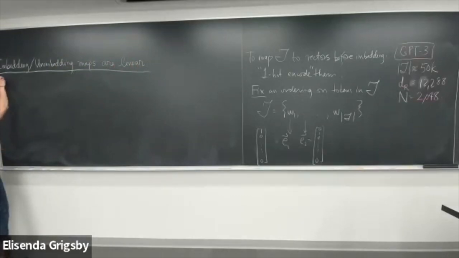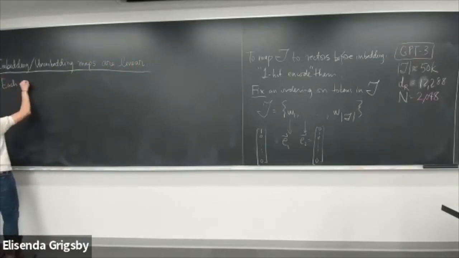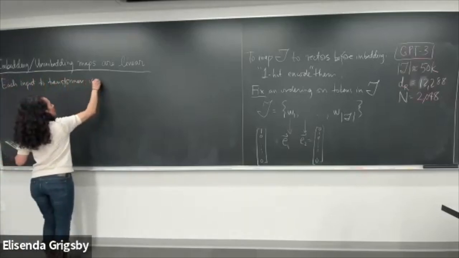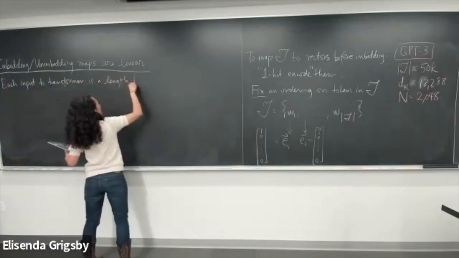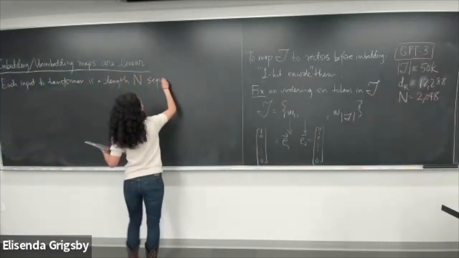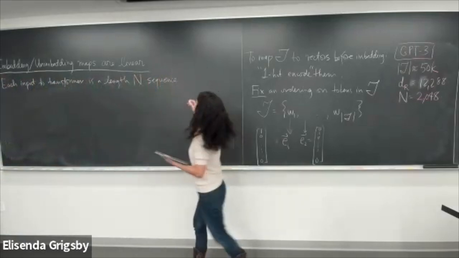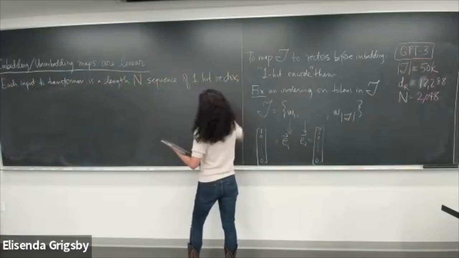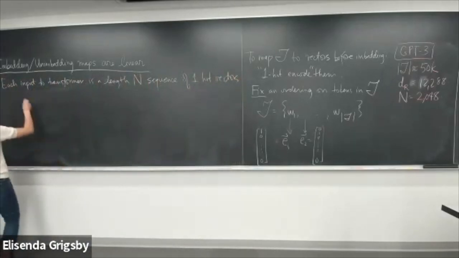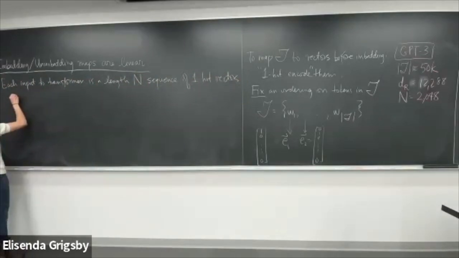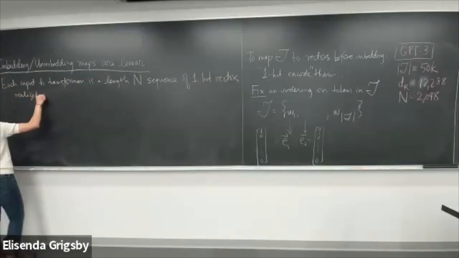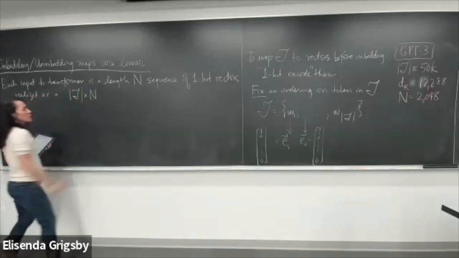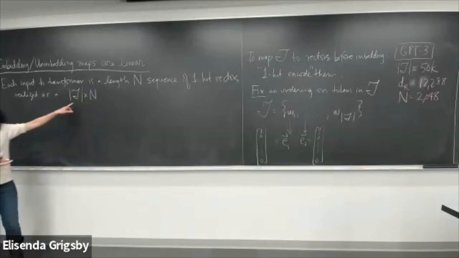Each input to the transformer is a length n sequence of one-hot vectors, realized as a matrix where each column is one of these one-hot vectors.